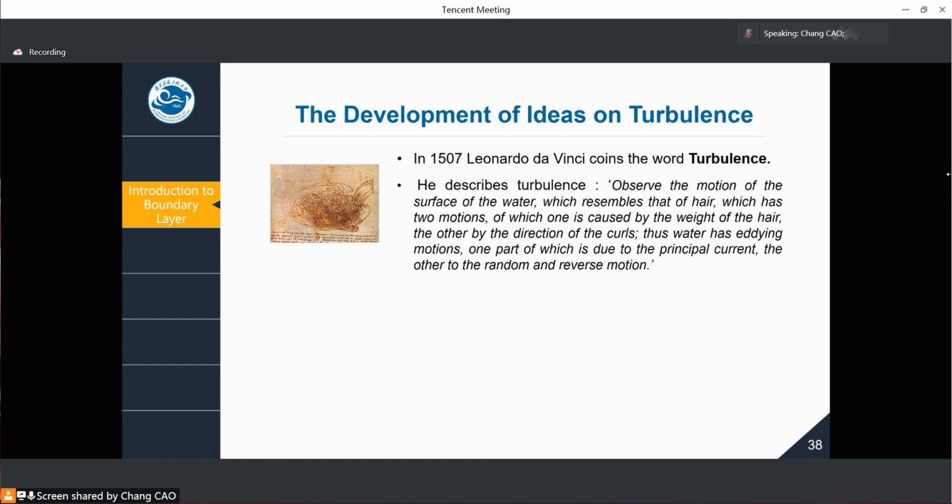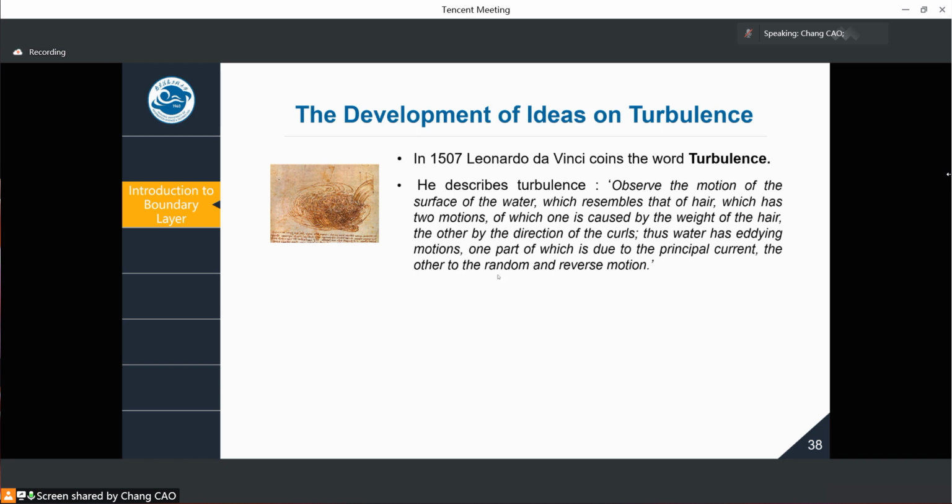Okay, and we can find that until now, there are several keywords in his definition when we talk about turbulence. For example, eddy. I think you must be familiar with eddy, because you have learned eddy covariance measurement, right? You already learned this.